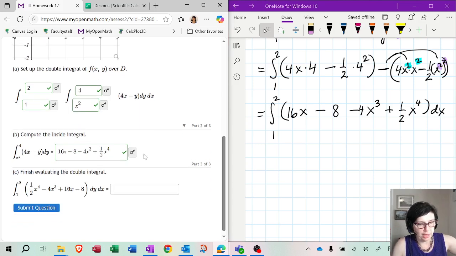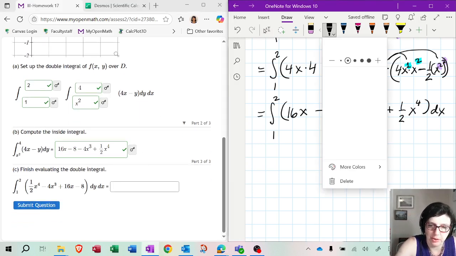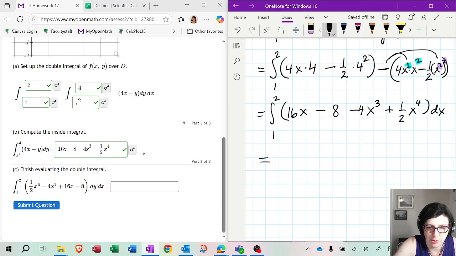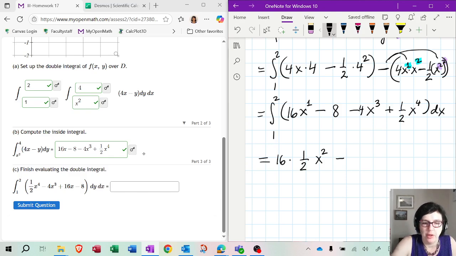Okay, so next we're just actually evaluating the integral. So let's do that. So 16x, x to the power 1. So we add 1 to the power, that becomes x to the power 2, and then we divide by 2 or multiply by 1/2. Minus, when you integrate a number with respect to whatever variable, you multiply that number by the variable, because derivative of 8x is 8.